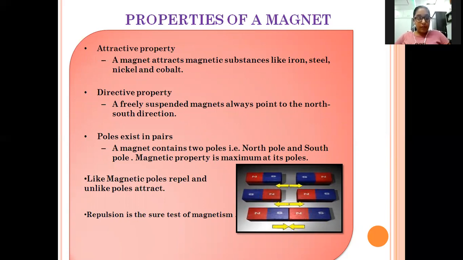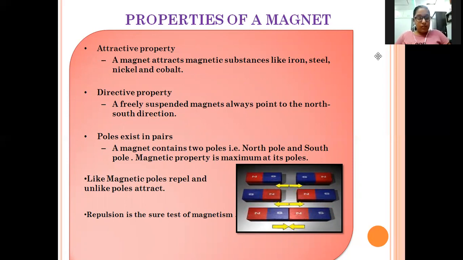Directive property. A freely suspended magnet always points in the north and south direction. Poles exist in pairs. A magnet contains two poles, north pole and south pole. Magnetic property is maximum at its poles.